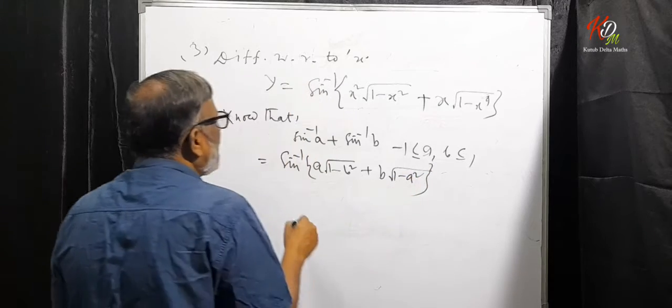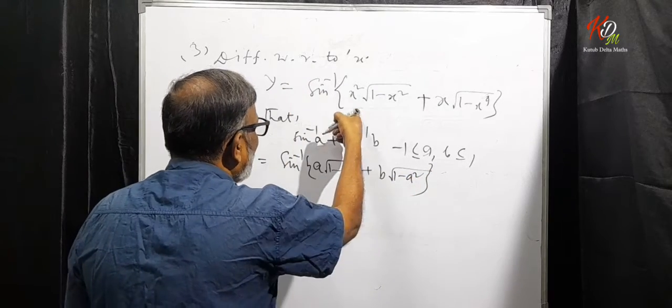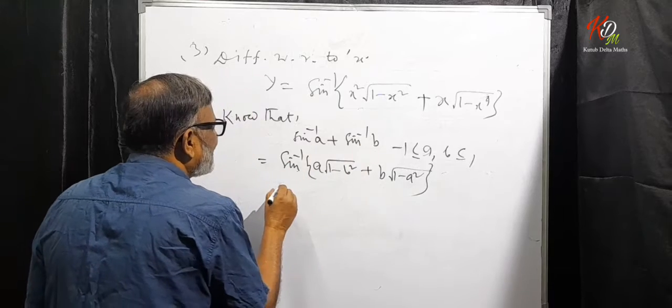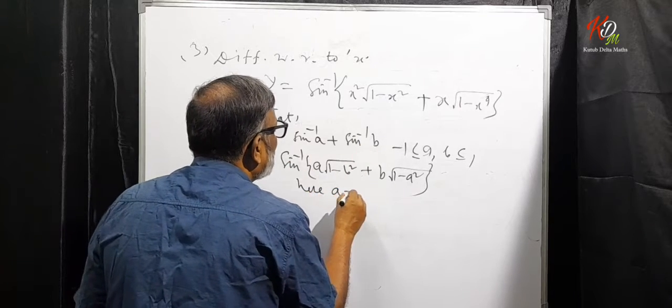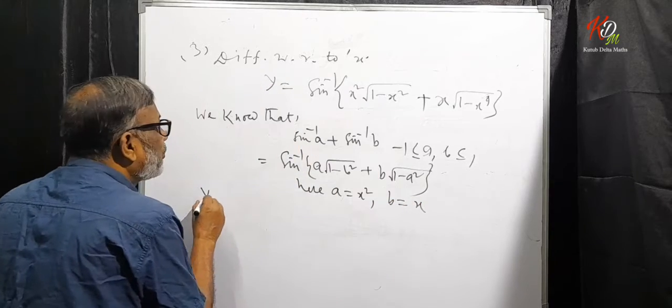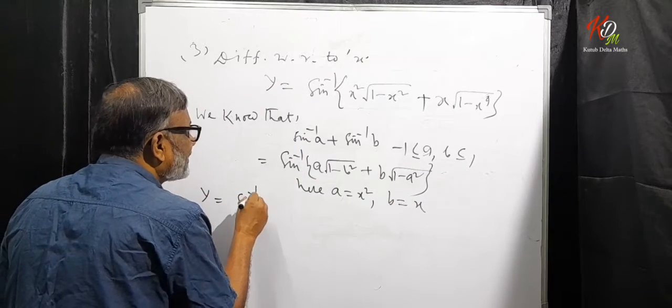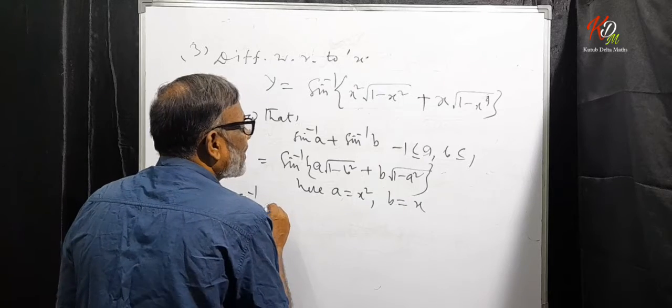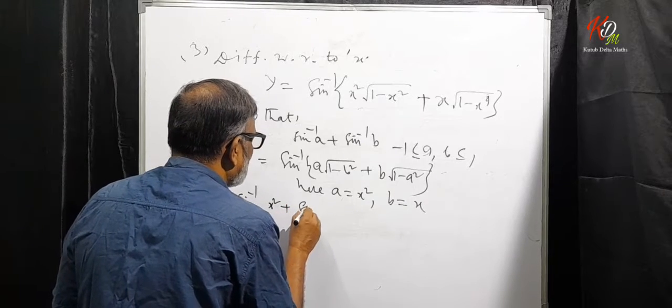So apply this formula. Here a equal to x square, b equal to x. So y equal to sin inverse x square plus sin inverse x.